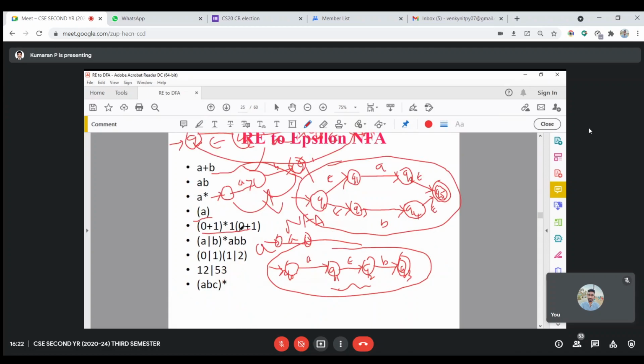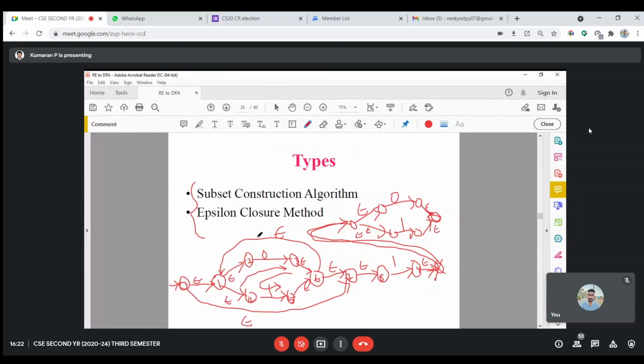So can someone please tell me what is the minimum accepting string of this language? One zero. Very good. Otherwise? One one. Very good. So you can check here.